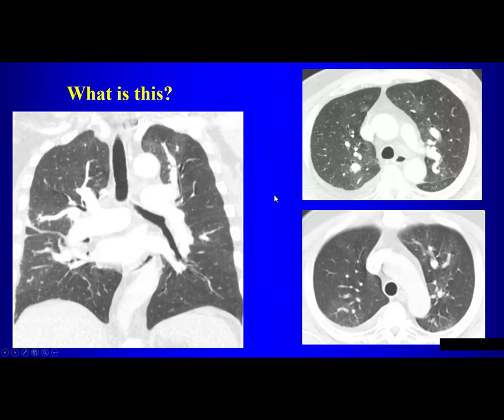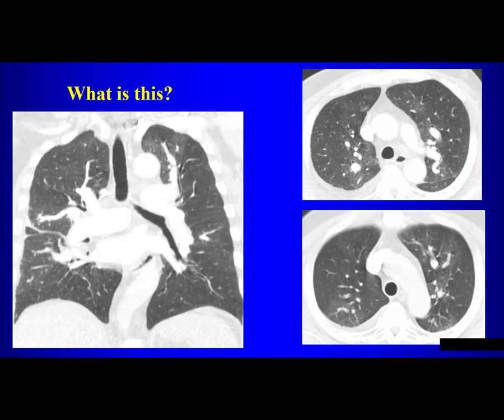Now, what is abnormal here when we look at the lung windows in this case? What's abnormal here? Well, is there mosaic attenuation when you look at the lung windows? Yes or no? Yeah, a little bit.